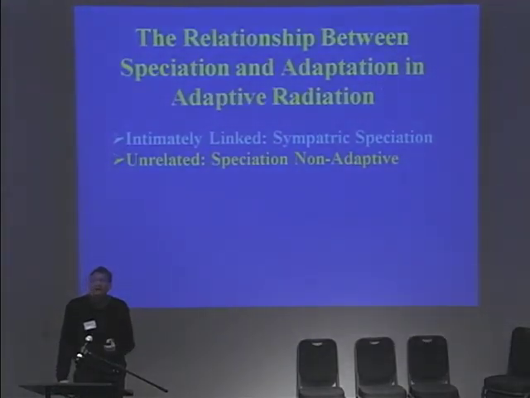Alternatively, non-adaptive speciation may produce the raw material necessary for adaptive radiation. It may simply be that those groups that speciate a lot for non-adaptive reasons, such as sexual selection, can then diverge through character displacement and ecological interactions. In this way, non-adaptive speciation processes may be important in adaptive radiation.